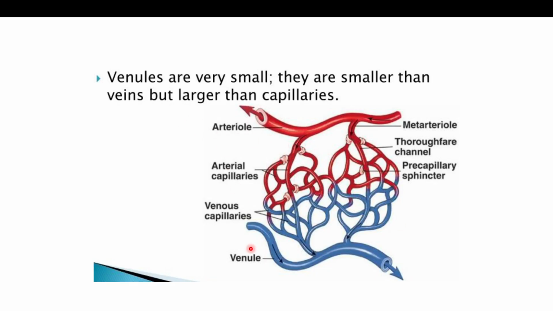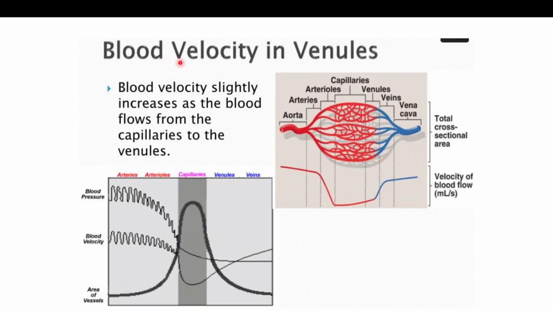Then come venules, which branch out of the veins. They are smaller than veins, but still larger than the capillaries. When we talk about blood velocity in venules, it actually slightly increases as the blood flows from capillaries to the venules, because the capillary walls are extremely thin, one cell thick.